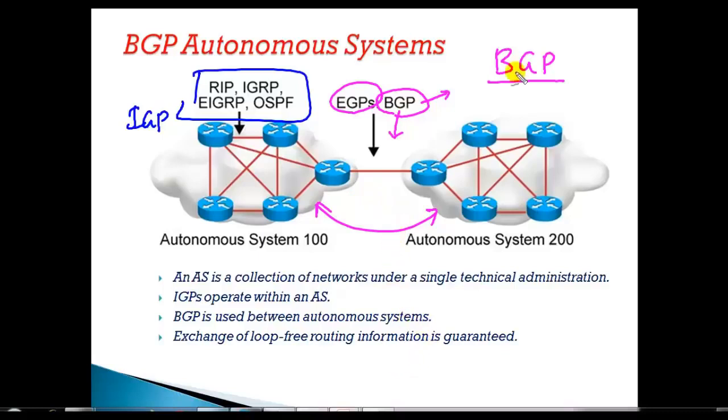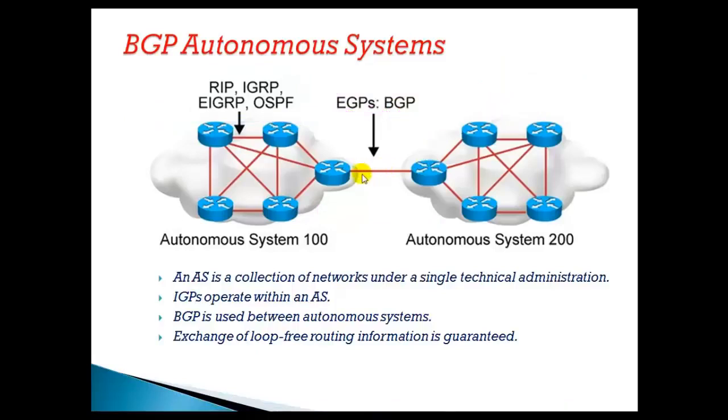And the service providers use the BGP protocol, and by using BGP they control all the routing information. So BGP is the only protocol which is designed for a huge network, that is the internet.